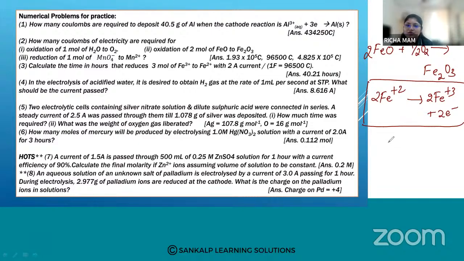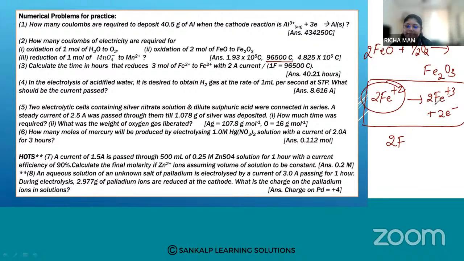So how many moles of electricity are required? 2F. So electricity required to oxidize 2 moles of FeO to Fe2O3 is 2F. And to oxidize 1 mole of FeO to Fe2O3 is 1 Faraday, so the 2s cancel and you have 1.